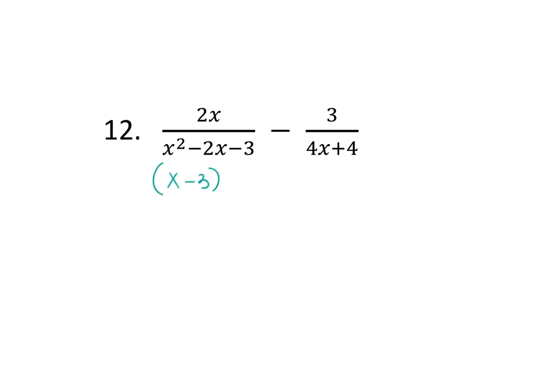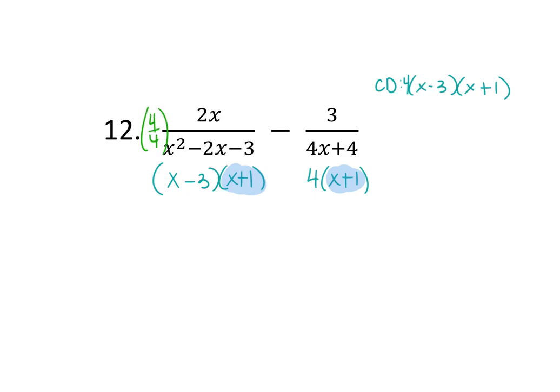x minus 3, x plus 1, 4x plus 1. Okay, so the common denominator, x minus 3, x plus 1. Oh, we also got the 4 in the front because they already have in common the x plus 1s. Okay, good. So the first fraction needs a 4. Second fraction needs x minus 3.